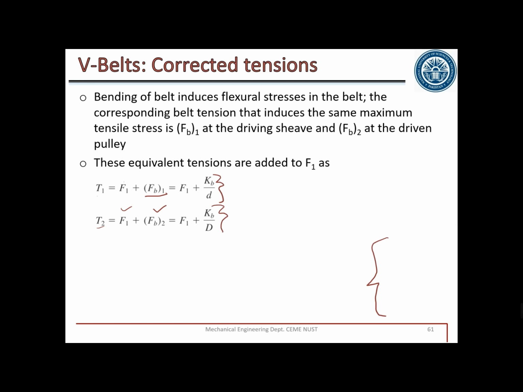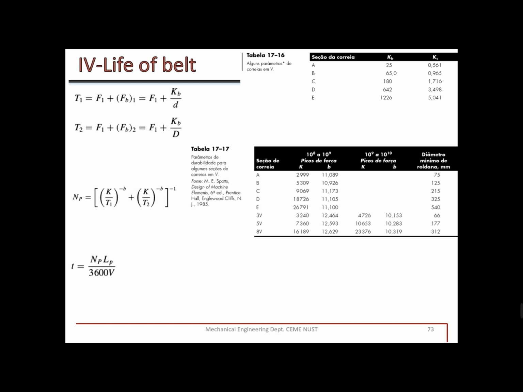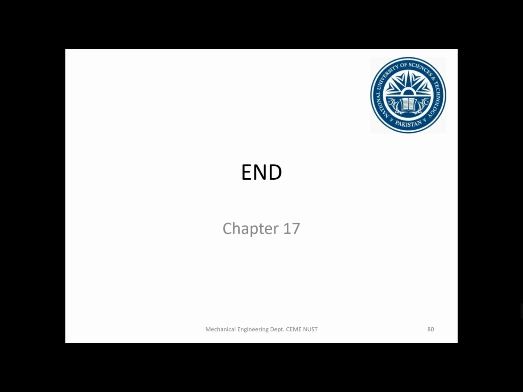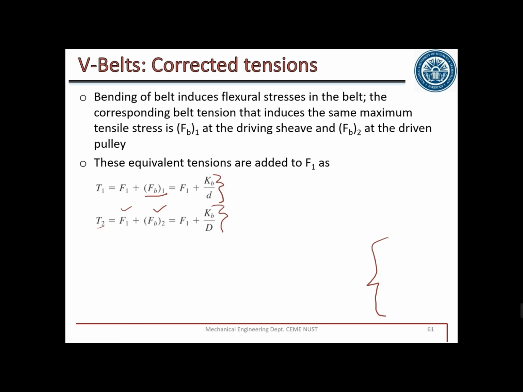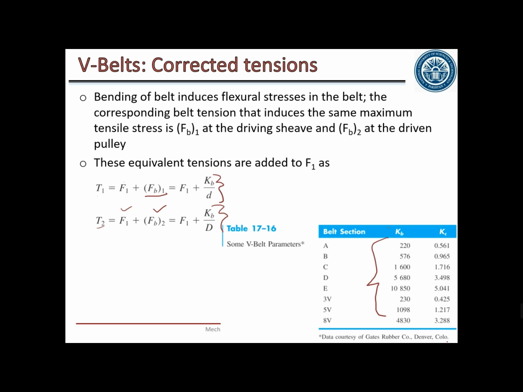Instead, 73, these are the correct values of KB. 17, 16, these are the correct values of KB in the SI edition. Those values are from the metric edition book. Even I have the SI edition book, and in that SI edition book I have these values, which are not correct.